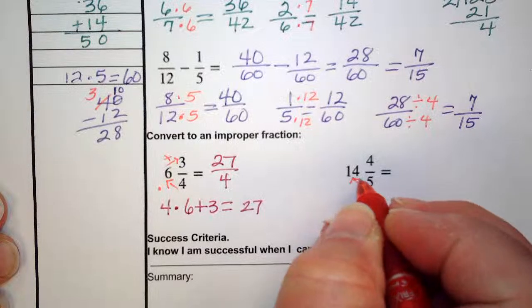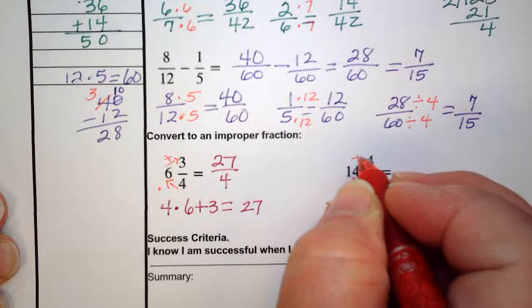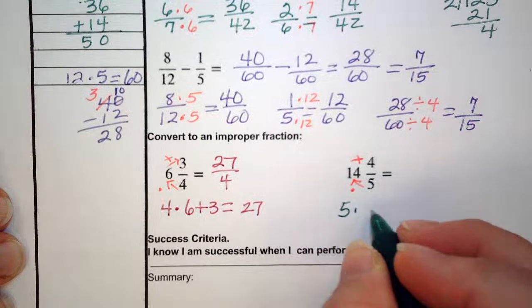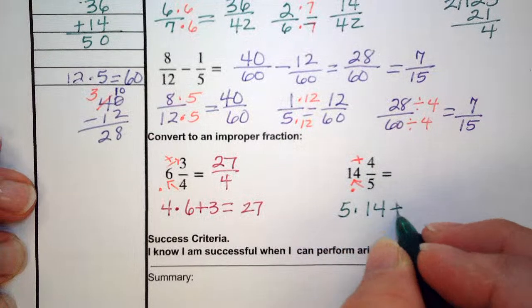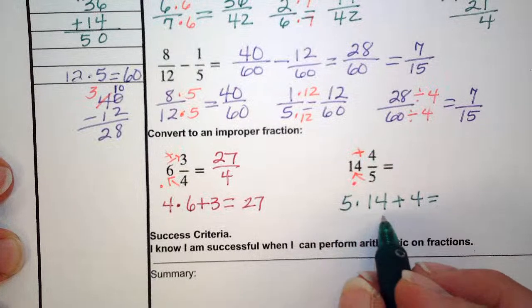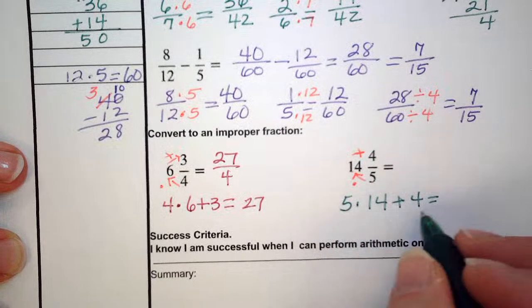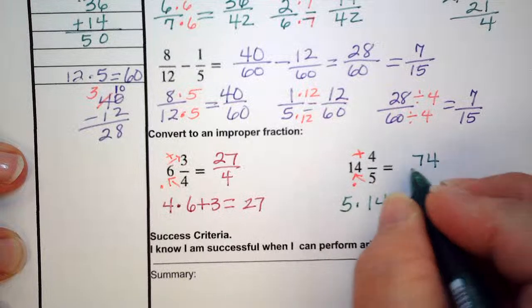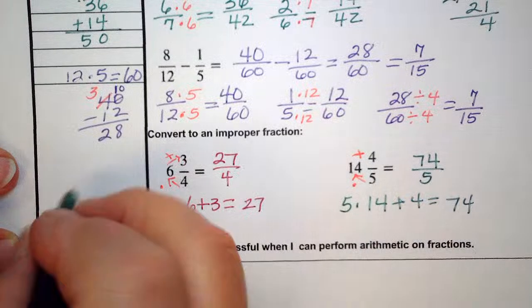We multiply and then we add. 5 times 14 plus 4. 5 times 14 would be 50 plus 20, which would be 70. 70 plus 4 is 74. 74 over 5.